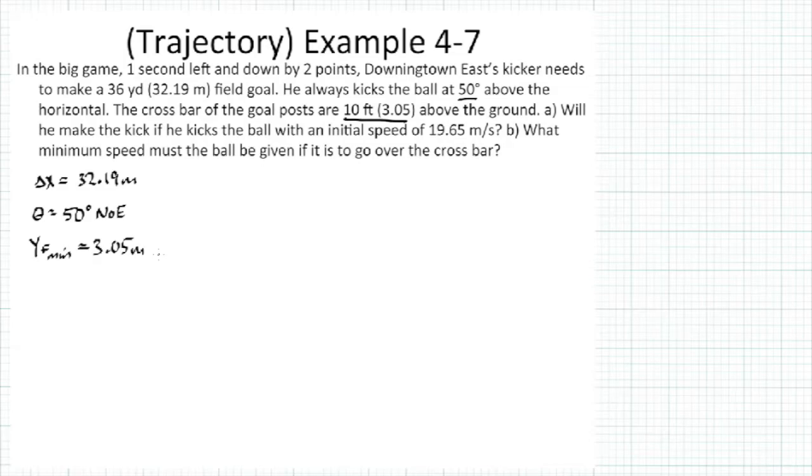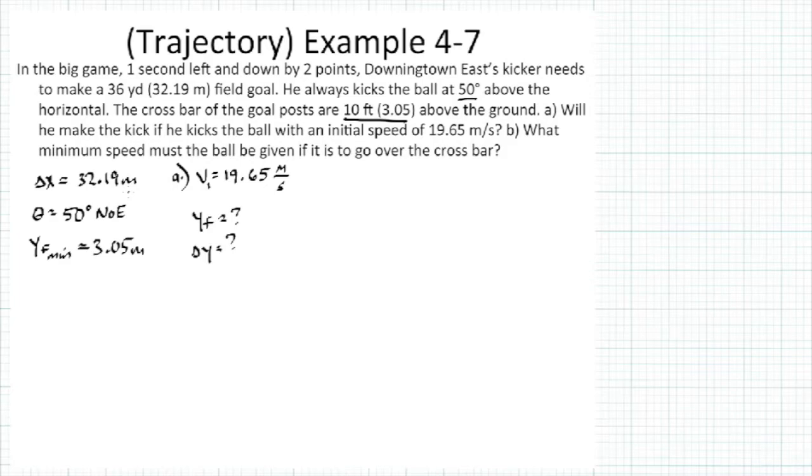We're also told one thing in part A. We're told that the initial velocity is 19.65 meters per second. That's pretty specific, but that's what we're told in part A. All right, so we want to find where the final Y position will be, or really, what is the change in Y when it reaches the field goal crossbar 32.19 meters away?